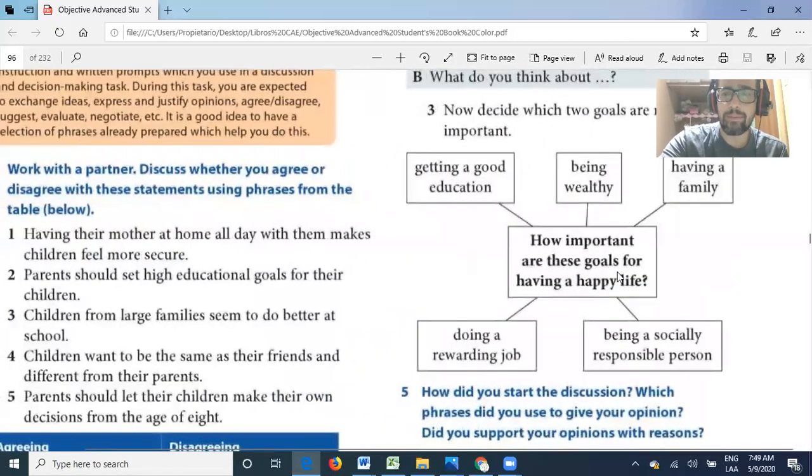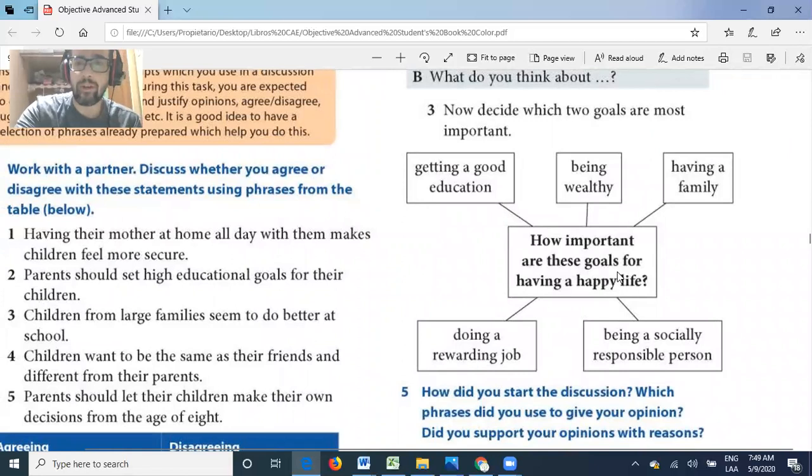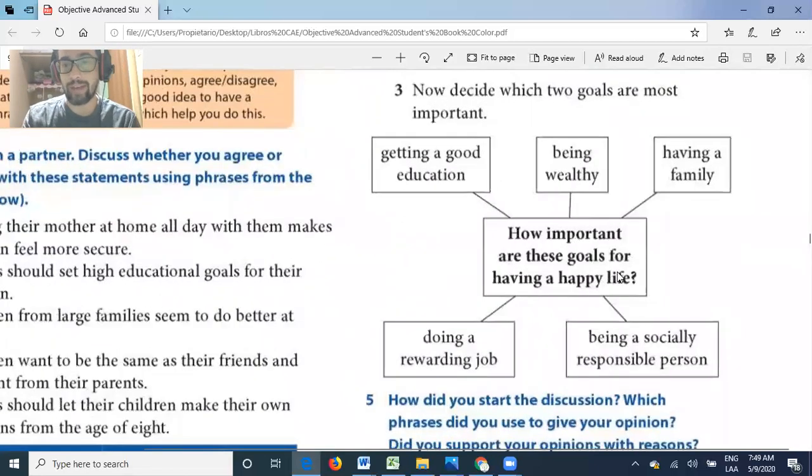practice the speaking part 3 with this chart, right? So it says, how important are these goals for having a happy life? Remember, you have 2 minutes to discuss this question with these different parts. My recommendation for part 3 is that you repeat the question over and over again because I don't want you to miss the point.